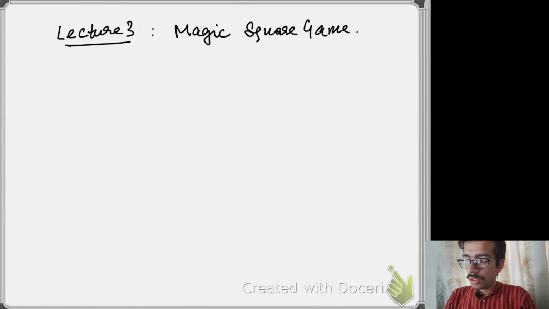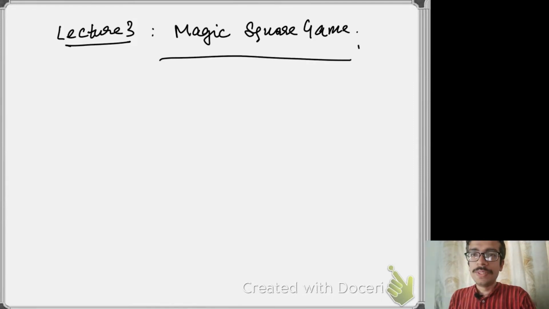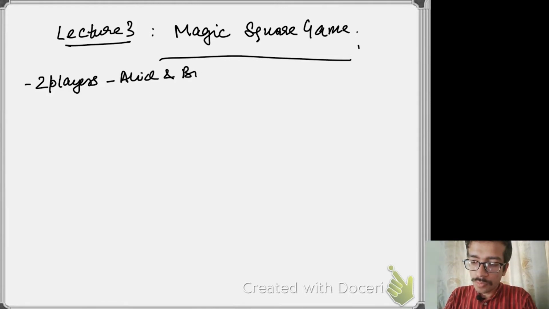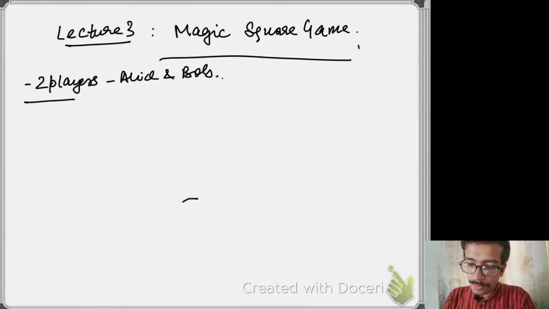So let's get to the description of this game. Here, as before, we still have two players, and we can still call them Alice and Bob. In order to understand this game, we consider a 3x3 grid of 9 variables.